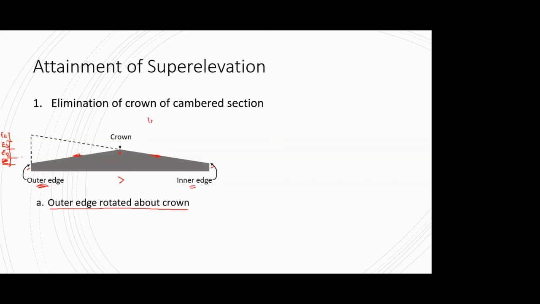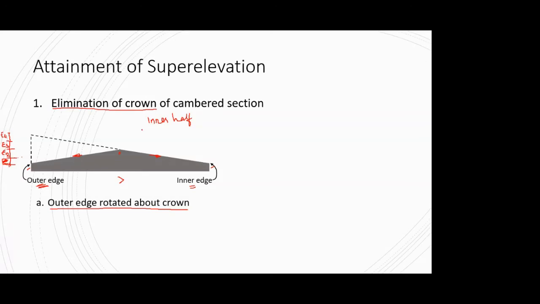If I consider this inner half, simply the half side towards the inner edge, now the slope of my outer half is such that it is matching the camber of the inner half. And now the crown which was there initially has been eliminated. So that's what the method says, that you have to eliminate the crown.